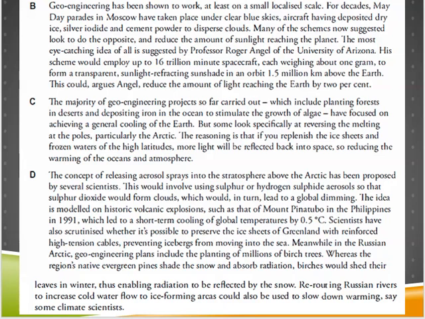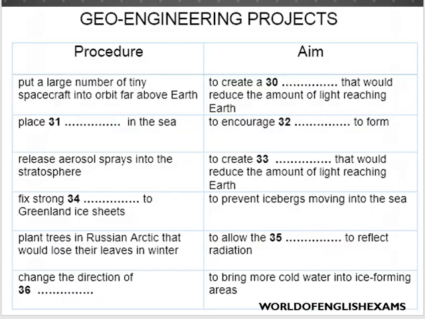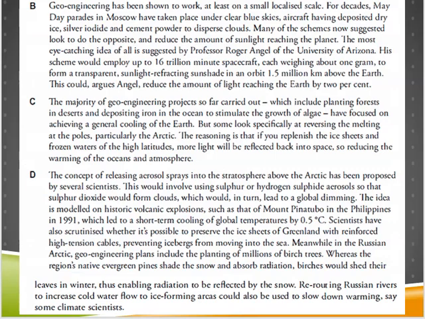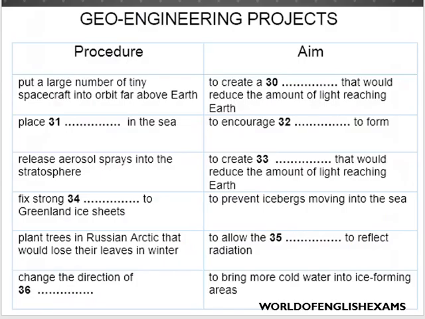Okay, so Greenland ice sheets with reinforced high tension cables. So here high tension is nothing but strong. Okay, to fix strong cables. So what are they fixing, guys? High tension cables or strong cables. That would be the answer for the 34th one. That could prevent icebergs moving into the sea.